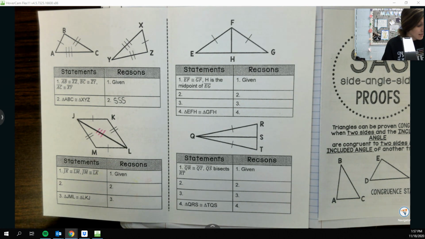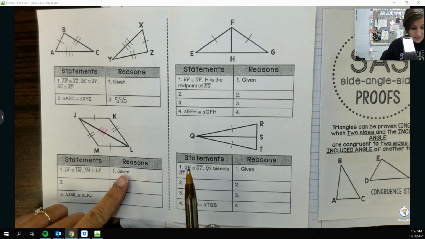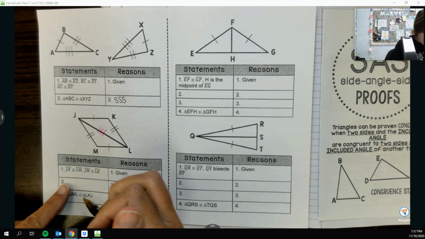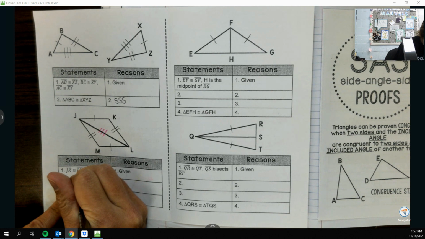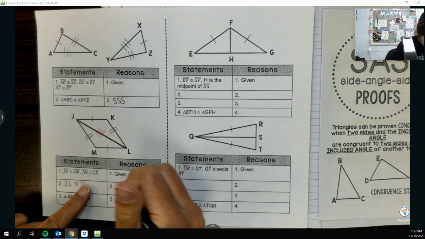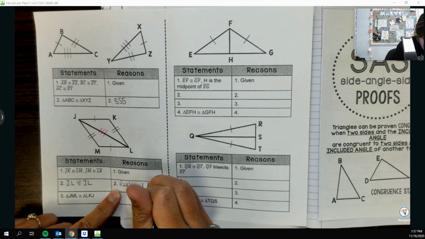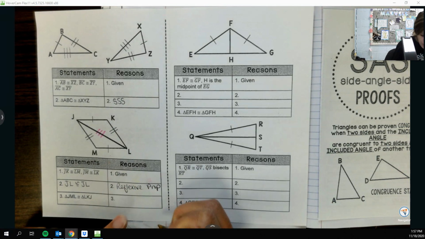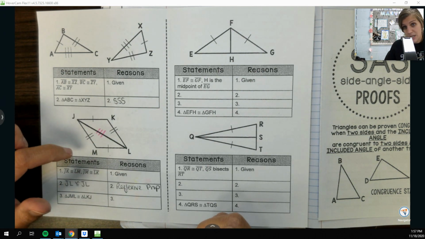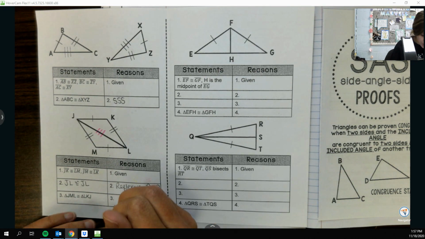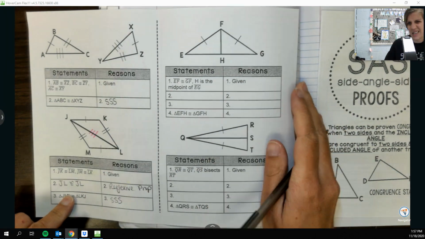And so I can mark that those things are congruent. And so this stuff was given to me. Now over here, I can say that JL is congruent to itself by the reflexive property. And because I have three sides congruent on each triangle, the triangles are congruent by side, side, side. This is easy. We can do all these.